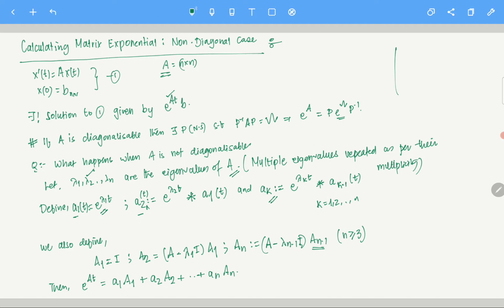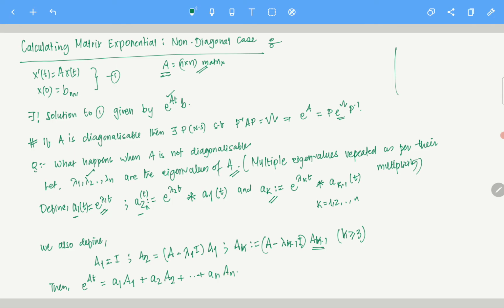So this is your answer. Now we also define capital A1, which is identity, and capital A2, which is A minus lambda 1 of I times A1. Okay, I should not write an n here because A is an n cross n matrix given, right? So you may get confused which n is which. So maybe I can write it as k.